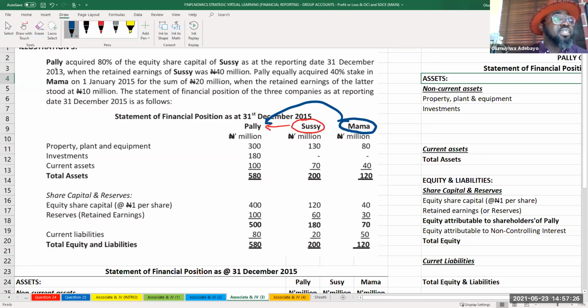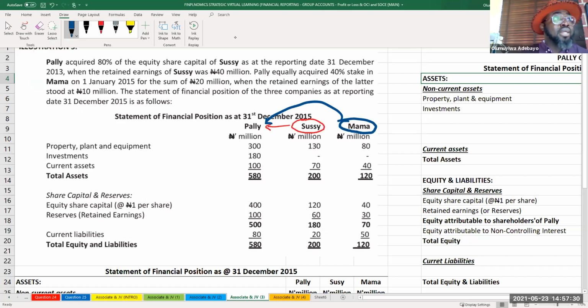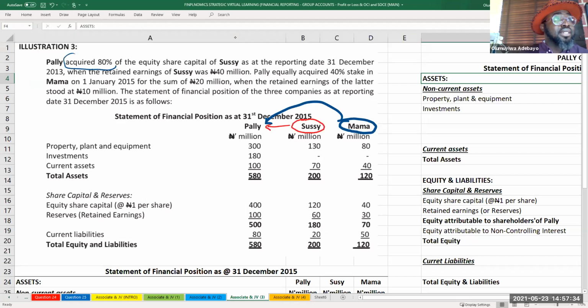From the information available, we are told that Pali acquired 80% in Susie. And with any other information which is not available now, we can make a conclusion that Susie is a subsidiary.